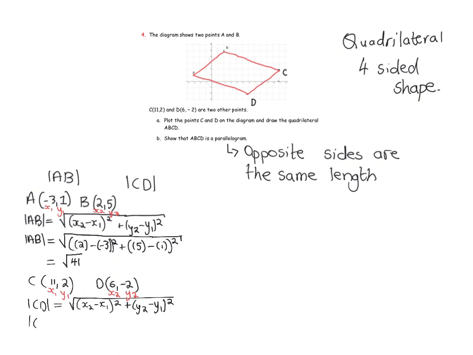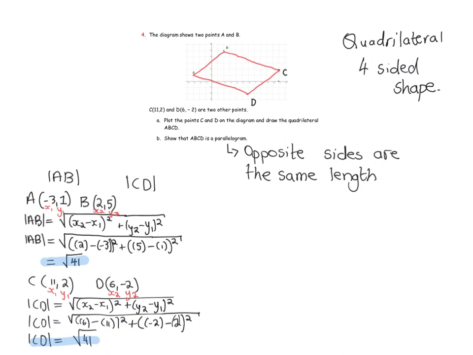Filling this in, we have x2, which is 6, minus x1, which is 11, all of that squared, plus y2, which is minus 2, minus y1, which is 2, squared. When you pop that into your calculator, you get the square root of 41. If you compare the values, AB is equal to the square root of 41, and CD is also equal to the square root of 41.